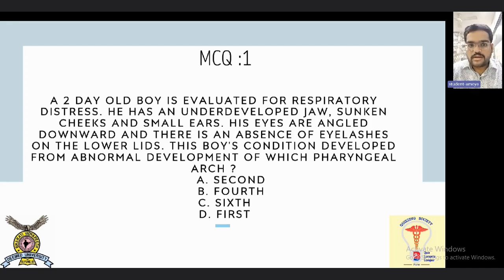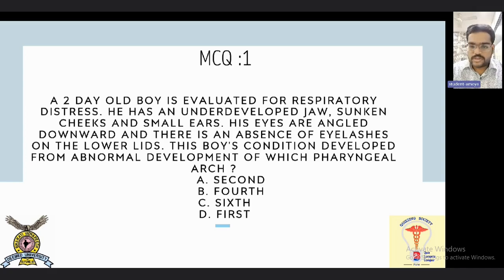So the keywords here are 2-day-old boy. Usually the pharyngeal arch syndromes are seen in children, more often than children, we can also say infants. Underdeveloped jaw, sunken cheeks and small ears.